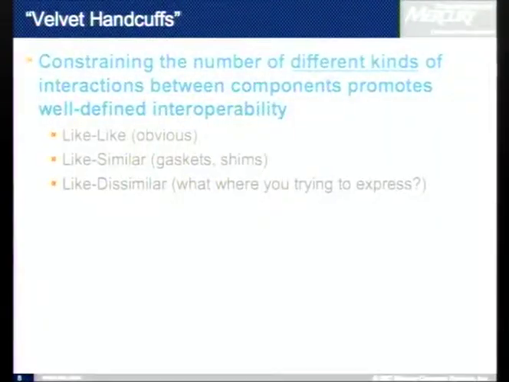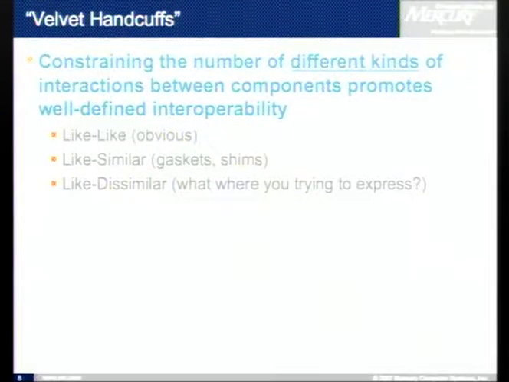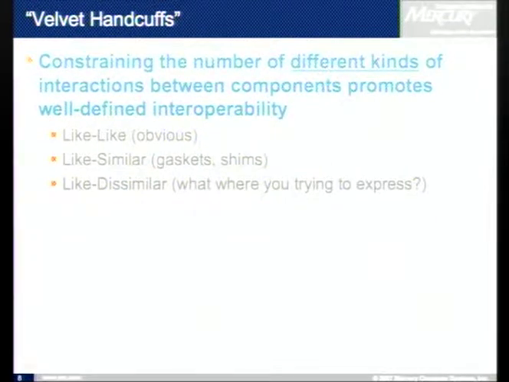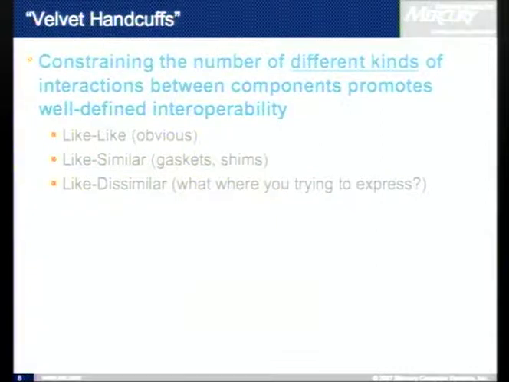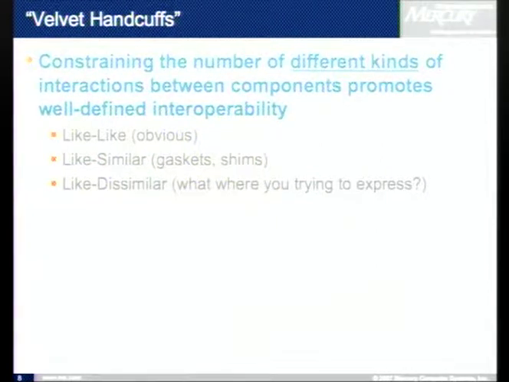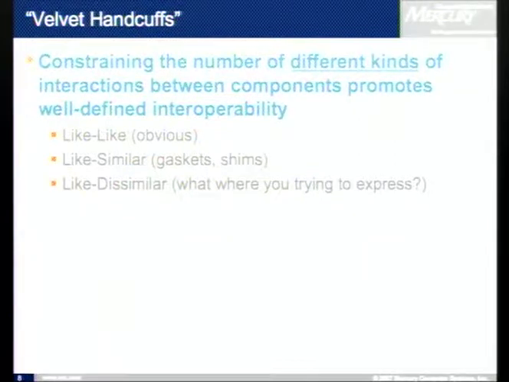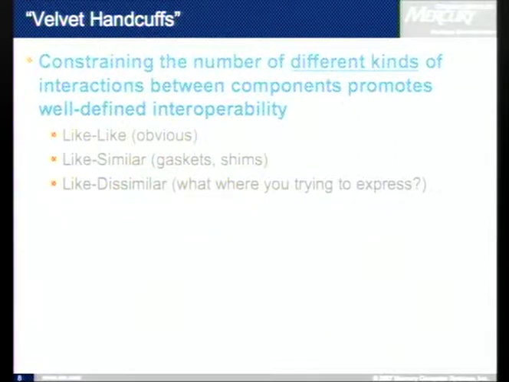I like to use the term velvet handcuffs when talking about making constraints on choice in design. Essentially rules that design teams or designers or the parties delivering components to be in some final assembly will follow.